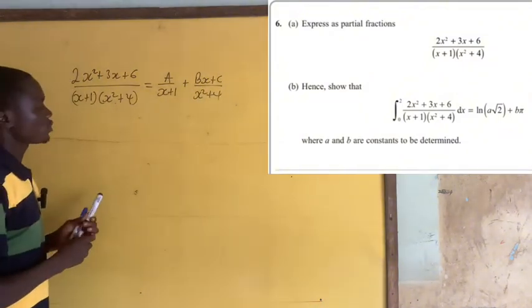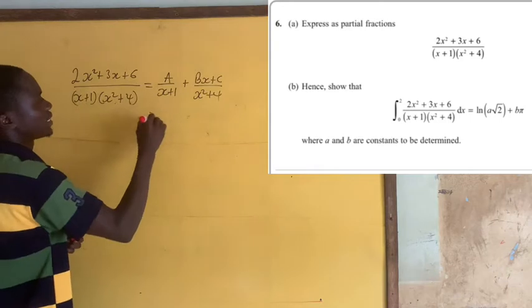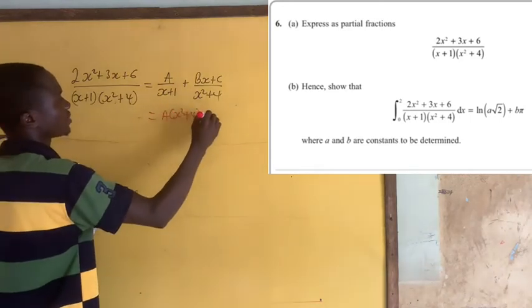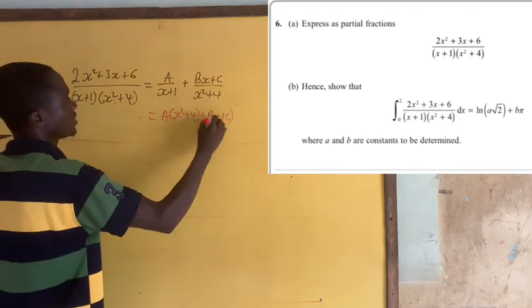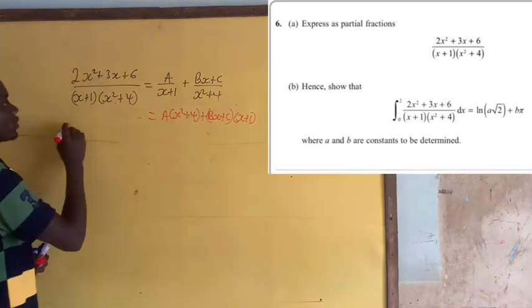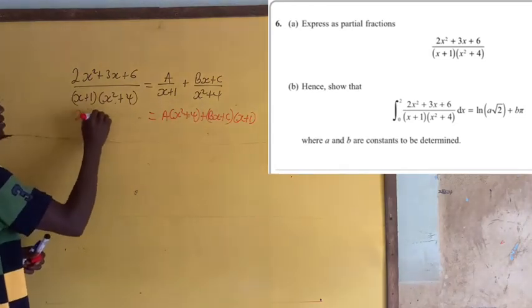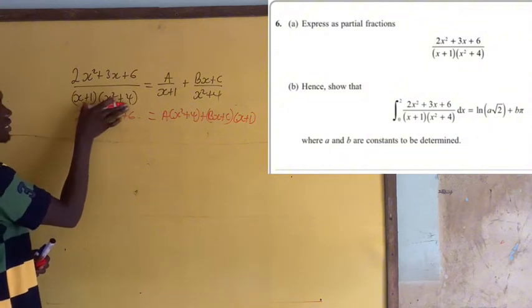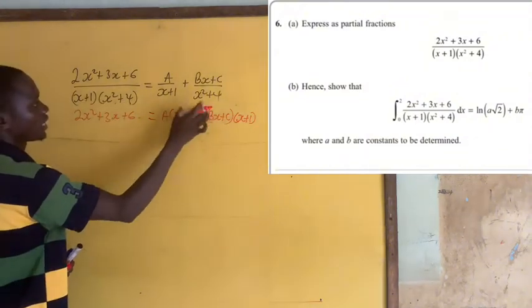This is the same as A(x² + 4) plus (Bx + C)(x + 1), and this will be equal to 2x² + 3x + 6, the whole divided by (x + 1)(x² + 4).